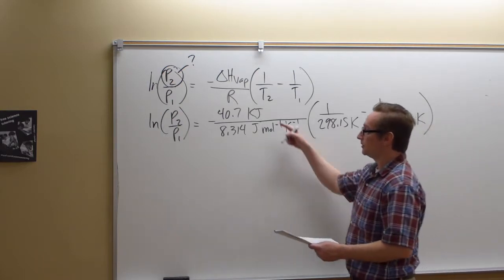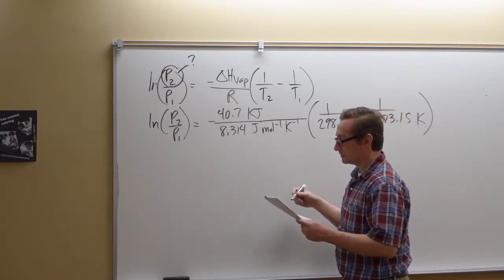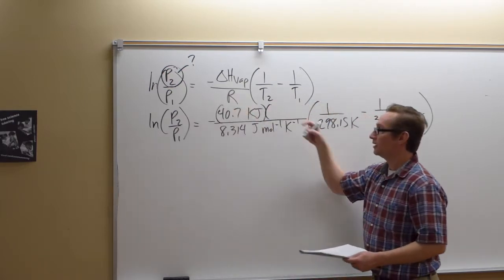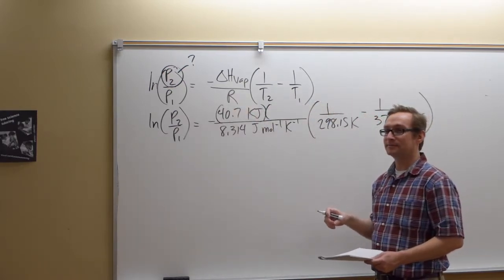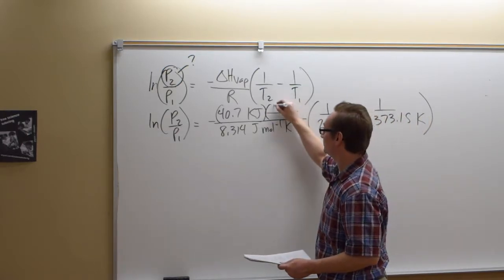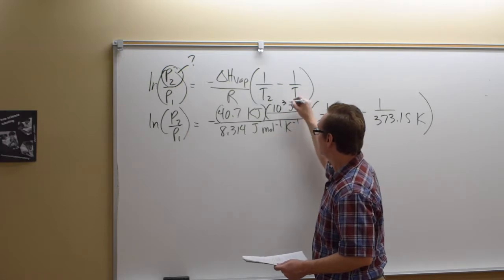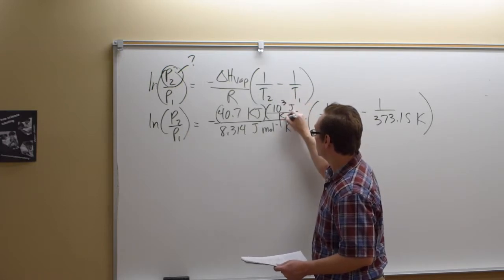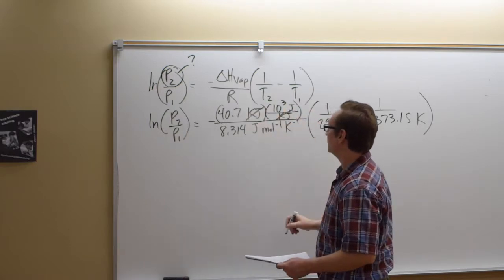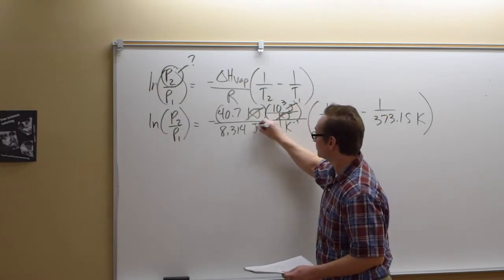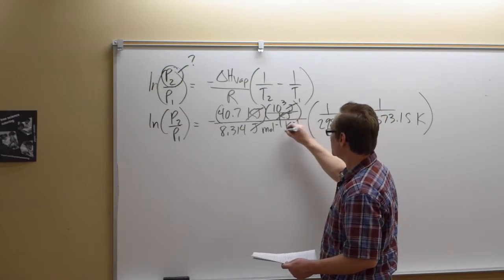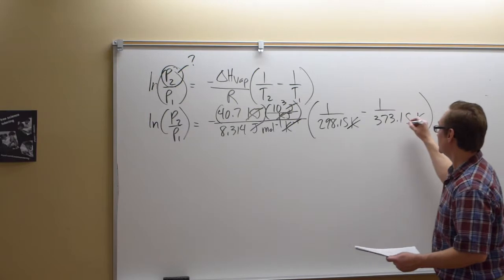It might help us if we convert this to joules, right? So how do we get from kilojoules to joules again? Yeah, 1,000 joules in a kilojoule. All right, so kilojoules cancel, joules cancel. These Kelvin here will cancel out these here.